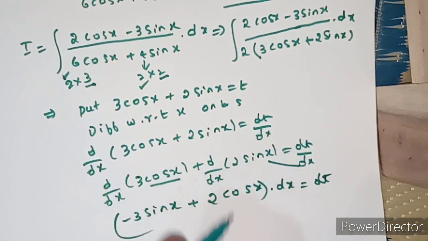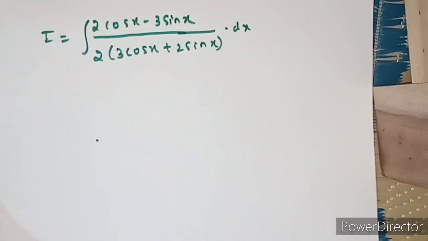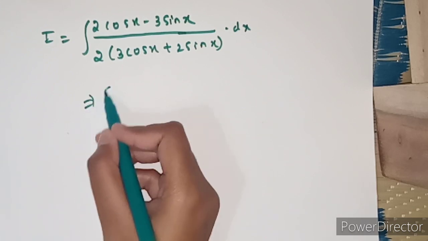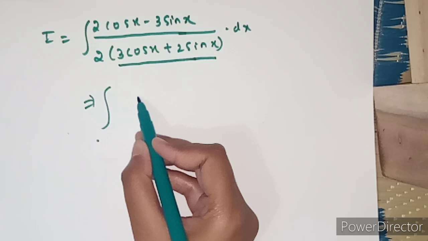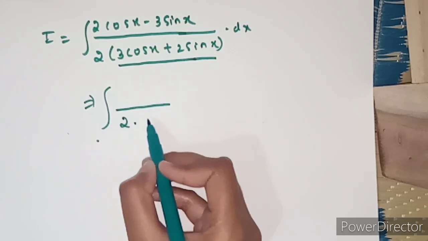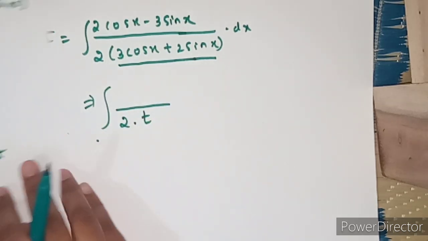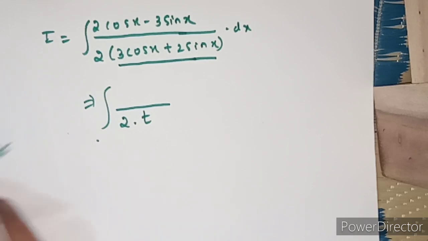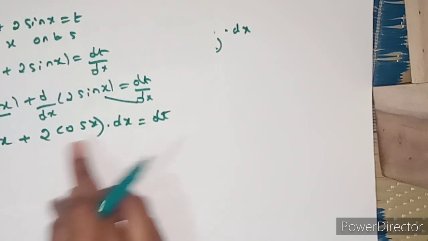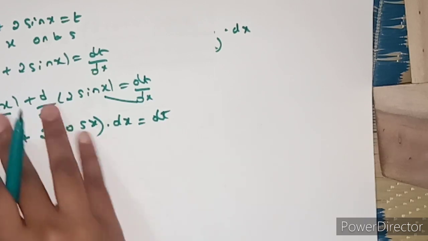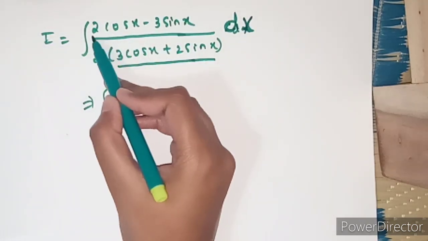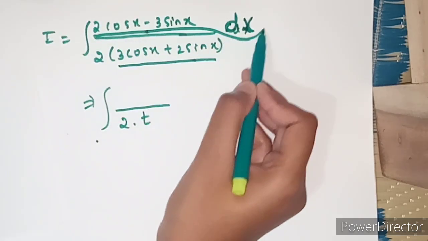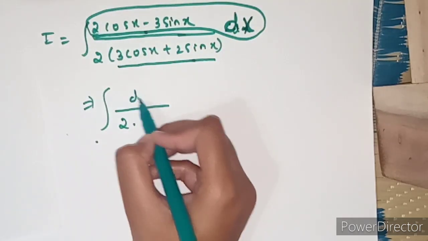Now substitute all these values in the integral. So here is our integral. We have taken 3 cos x plus 2 sin x as t, so 2 into t in the denominator. And one more thing, (2 cos x minus 3 sin x) into dx is nothing but dt.